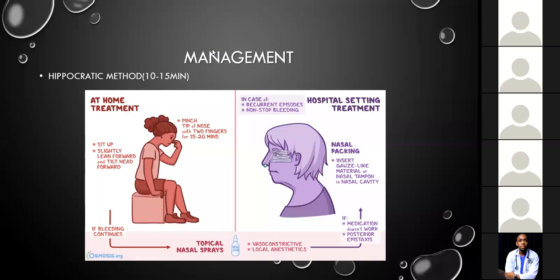If you get a patient who's bleeding and they've also been on this medication, you have an idea why they're bleeding, so you may have to stop these medications so that you deal with the bleeding. But of course, the emergency management is to stop the immediate bleeding, and for this you may have to do a nasal pack, or for vessels that you can actually see, you can cauterize them.